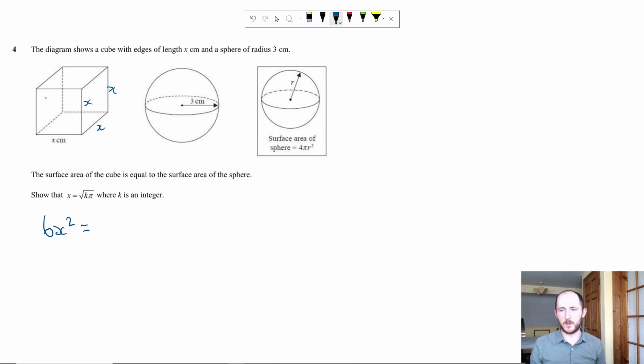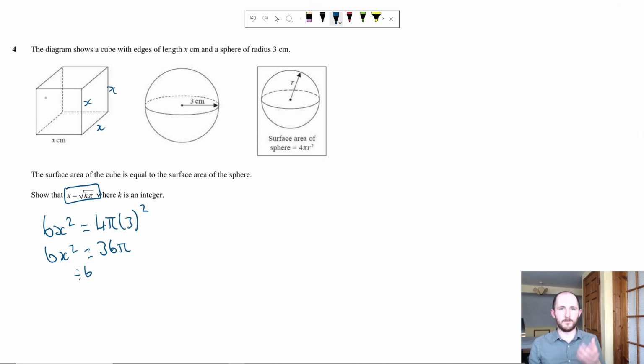And then we have to just equate that to 4 pi r squared. So 4 pi, and the radius it tells me is 3, squared. So let's expand that bracket. So 6x squared is equal to 3 squared is going to be 9. 9 times 4 would give me 36 pi. Now I'm going to divide both sides by 6 because I want to get x equals.